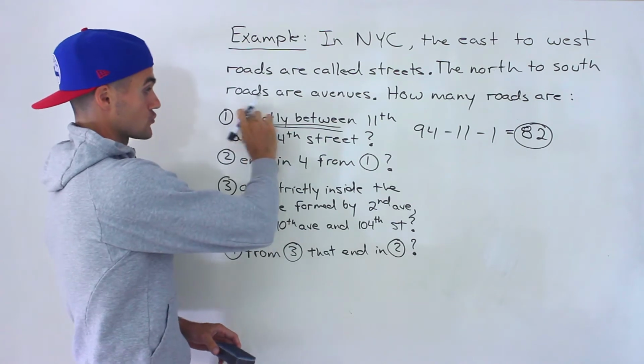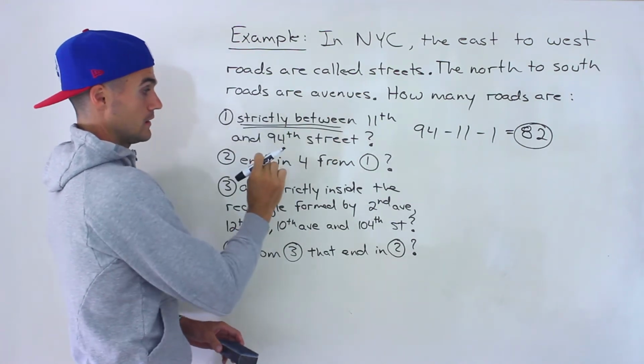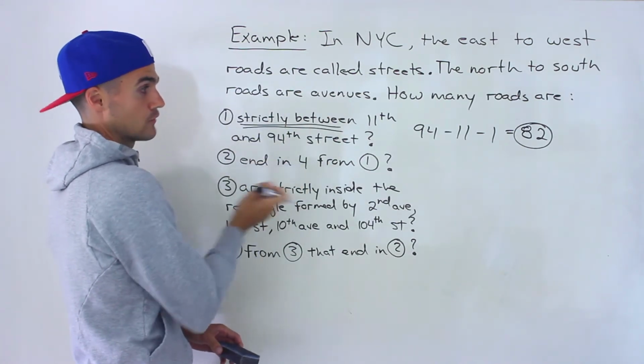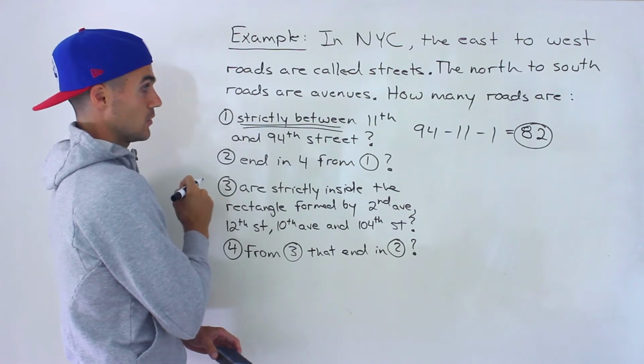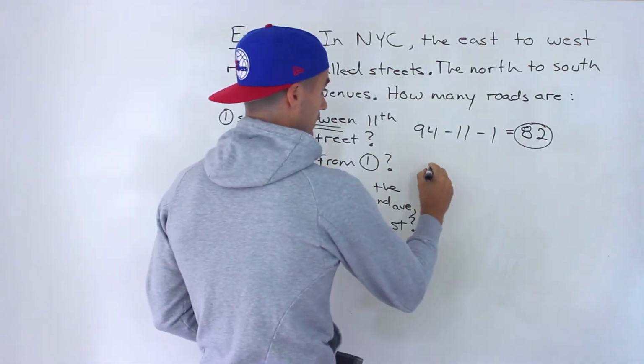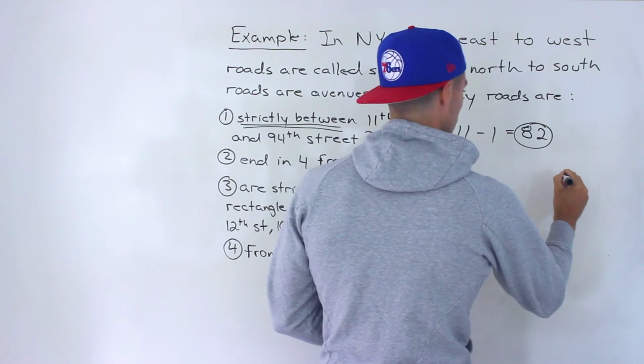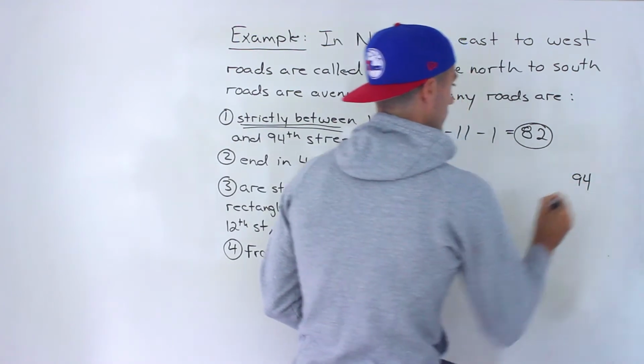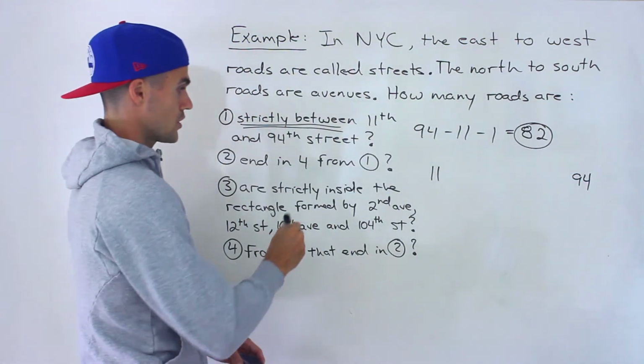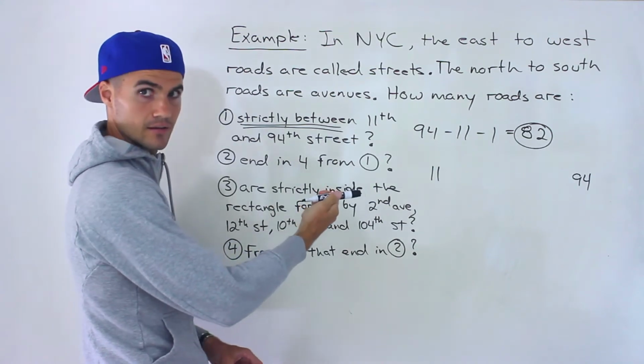Now, out of all of those roads in number 1, how many end in 4? What we would do, notice that we got 11, and then we have 94. So how many end in 4?